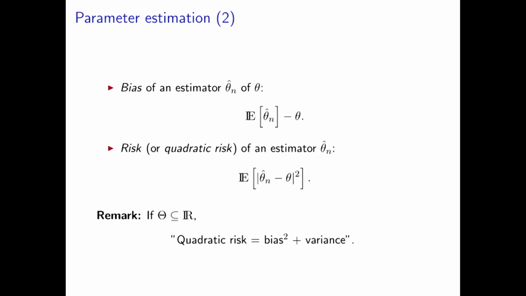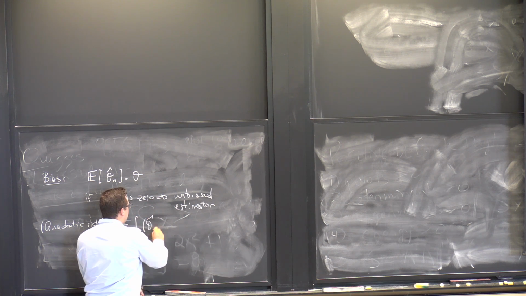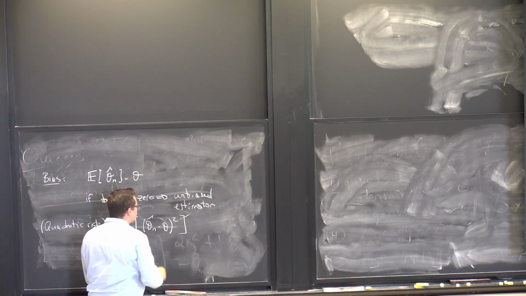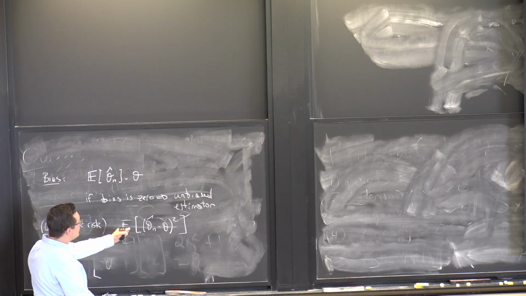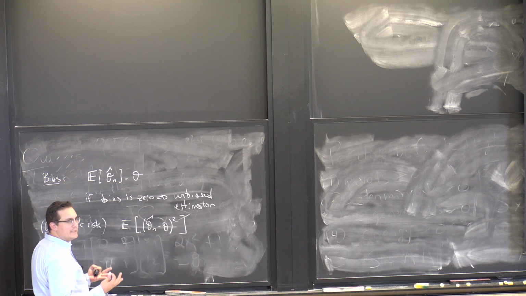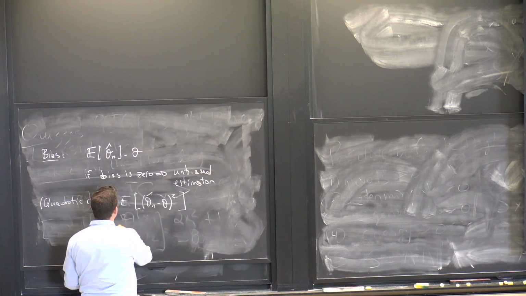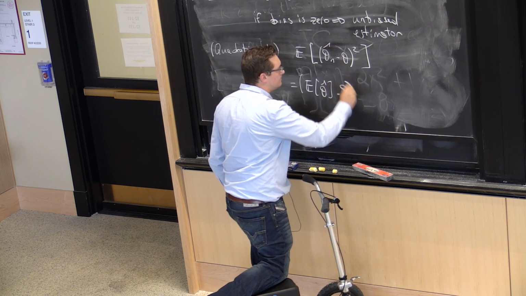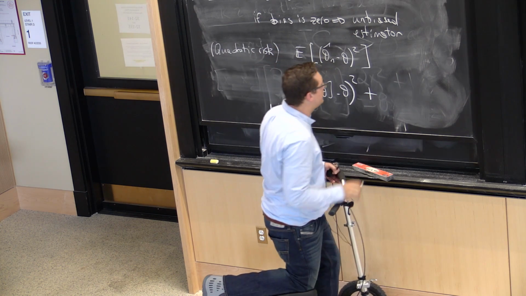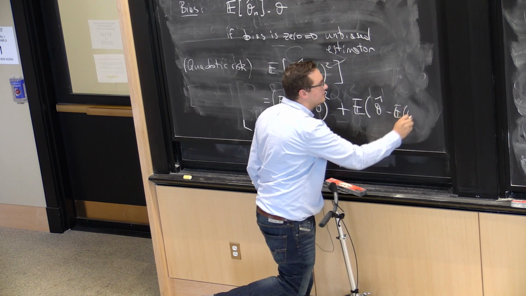Which is the expectation of, so if I have an estimator theta hat, I'm going to look at the expectation of (theta hat n minus theta) squared. And what we showed last time is that by inserting in there, adding and removing the expectation of theta hat, we actually get something that can be decomposed as the square of the bias plus the variance, which is just the expectation of (theta hat minus its expectation) squared.